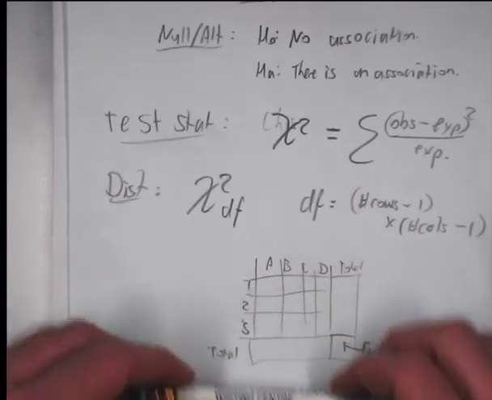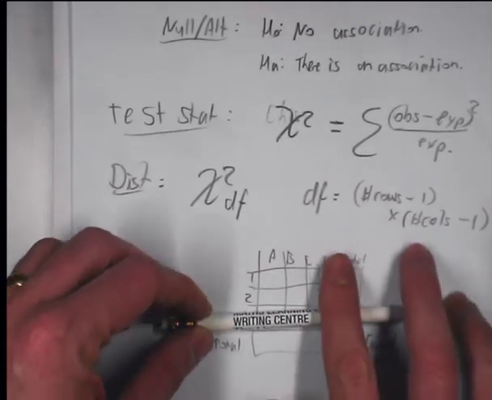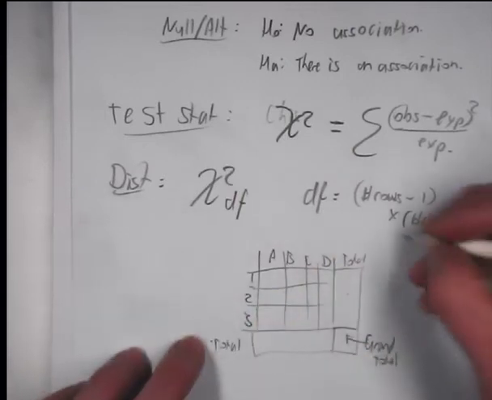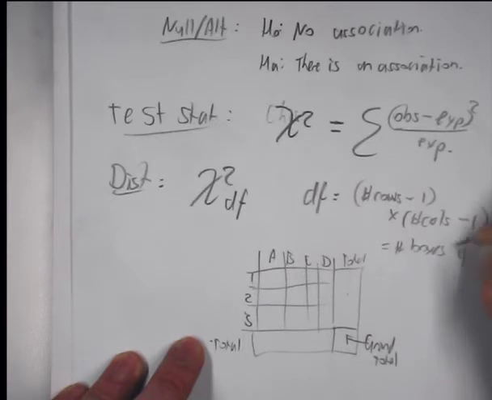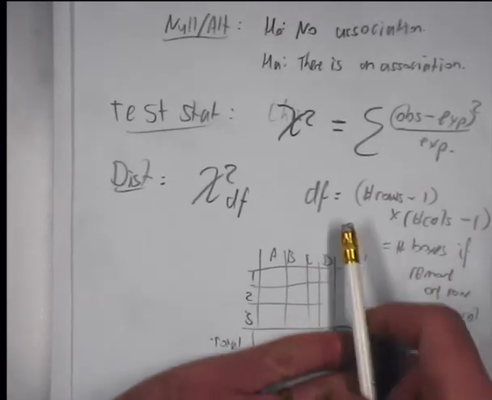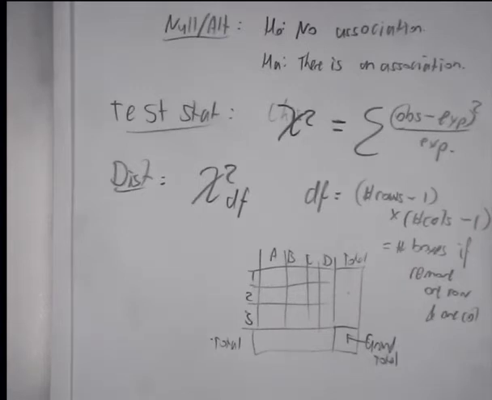I just like to look at my two-way table and cross out one row and column and count how many boxes there are, not including the totals, of course. So this one I have degrees of freedom 6.